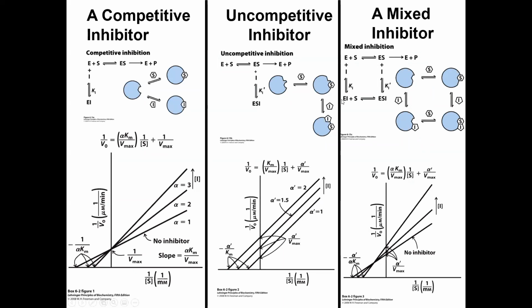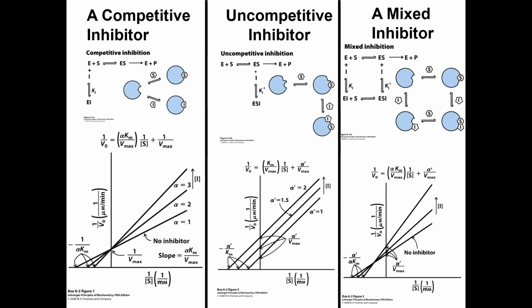When you have a mixed inhibitor, as shown here, you will often notice that lines will converge, but they will not converge on the 1 by V axis. They will converge somewhere in the second quadrant. If that's the case, you know that your Vmax is changed and Km is changed, but by different amounts.